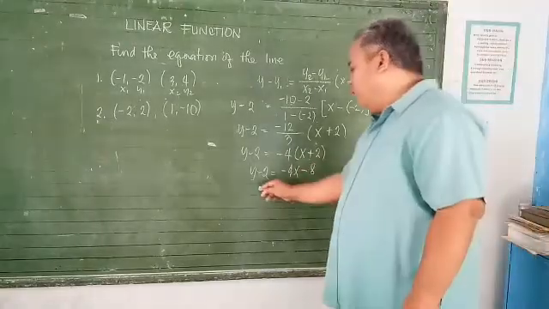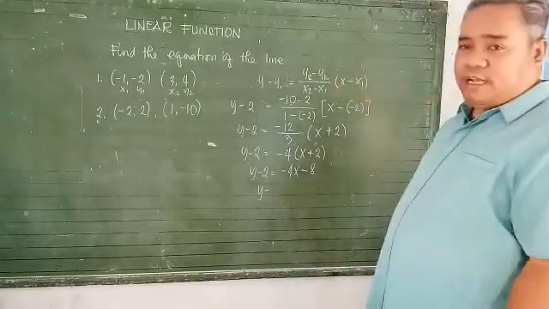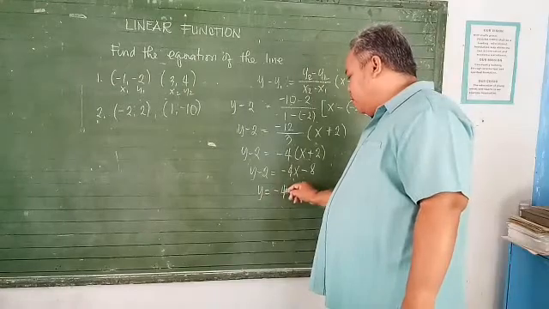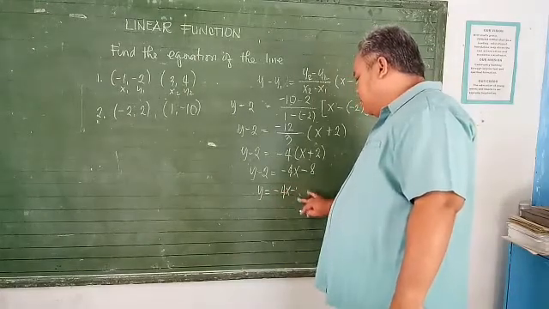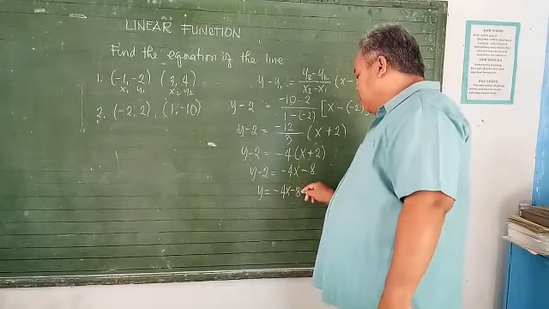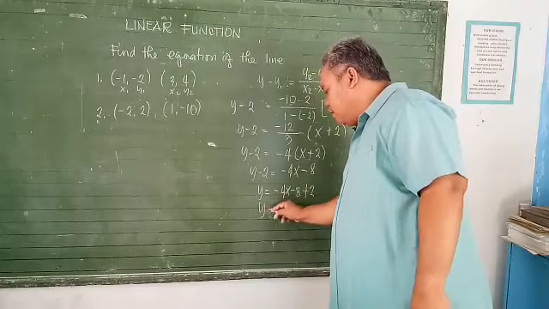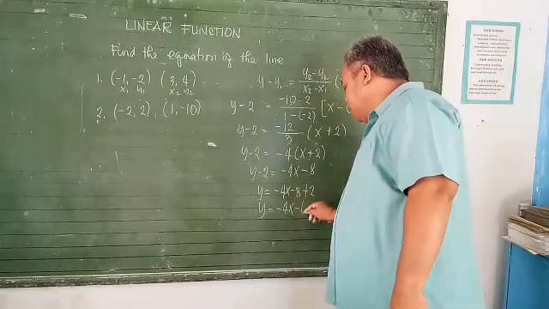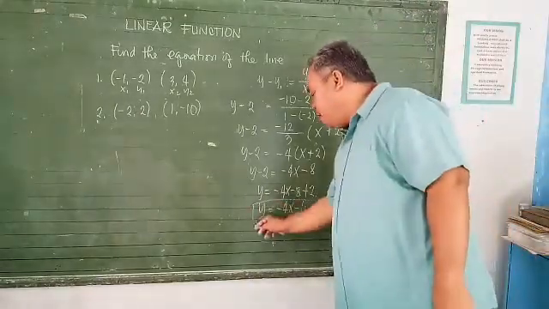Okay? So y is equal to, here you can put it in slope form, no? y is equal to negative 4x minus 8 plus 2, so make it positive. So y is equal to negative 4x minus 6. That's fine, because that's the slope form equation.